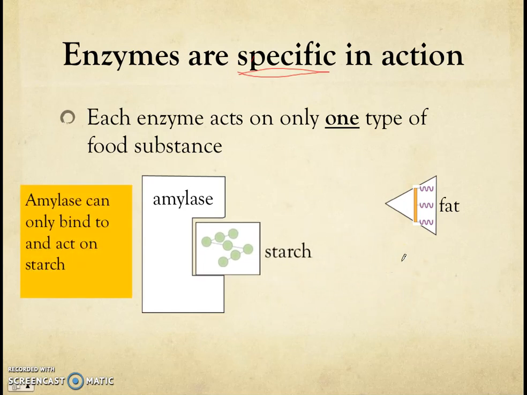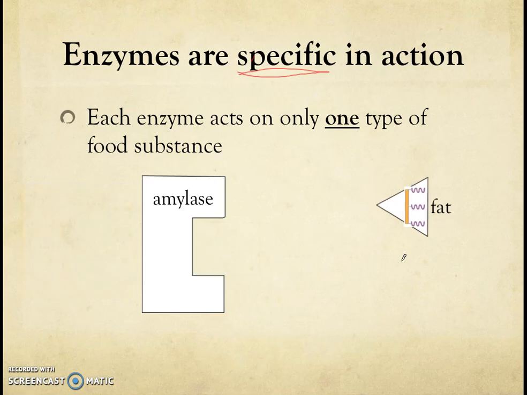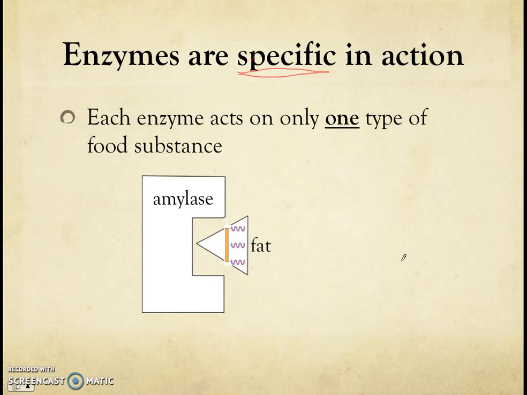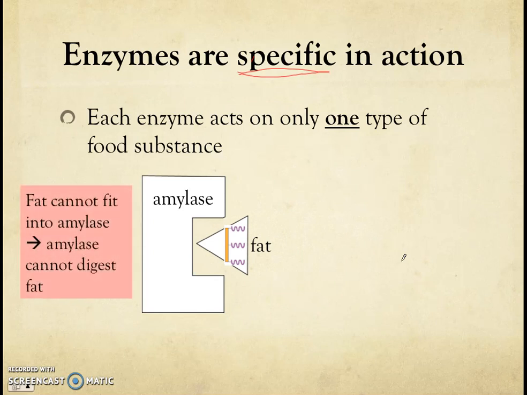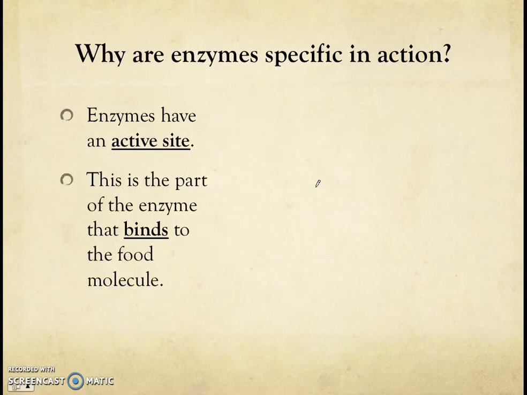Amylase can only bind to and can only act on starch. If we try to make fat go into amylase, fat cannot fit into amylase. So amylase cannot digest fat, so this cannot work. And you need a different enzyme for fat. You need lipase.